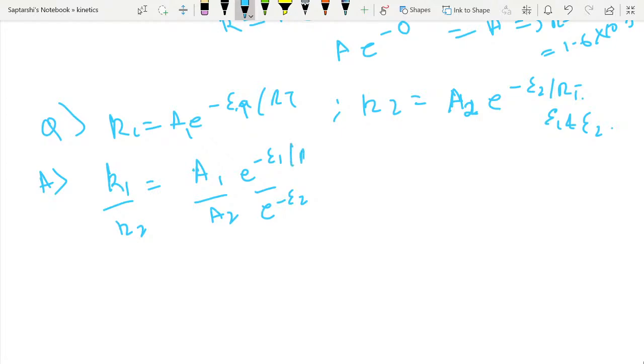The by RT part actually gets cut, so we don't need to know that. What we need is e to the power E2 by e to the power E1.